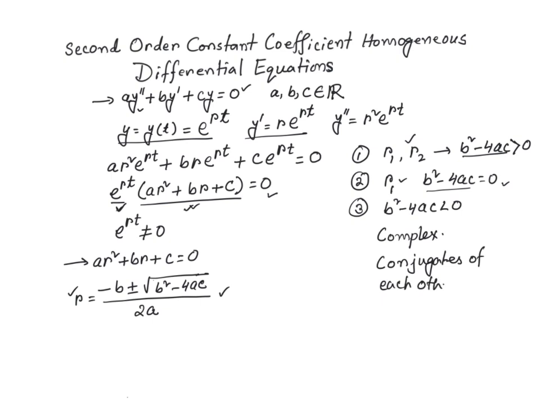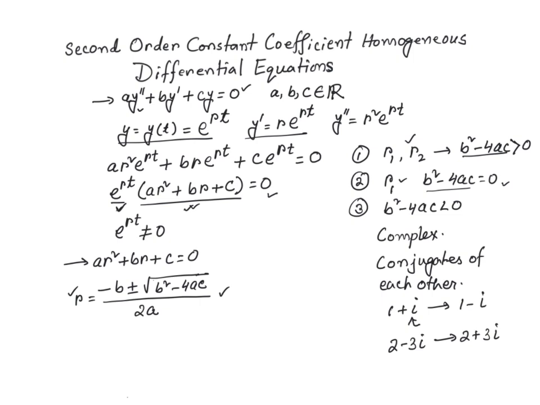In case you don't remember what conjugates are, it's very simple. Let's say 1 plus i is a complex number. The conjugate of it is 1 minus i. Basically, you change the sign in front of the i. If you have 2 minus 3i, the conjugate of that is 2 plus 3i.